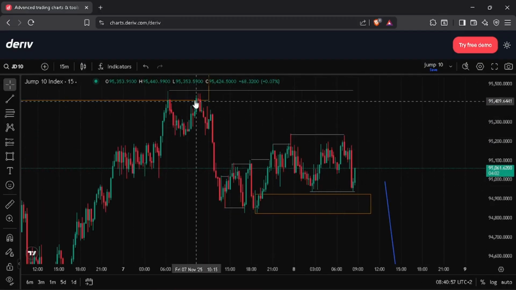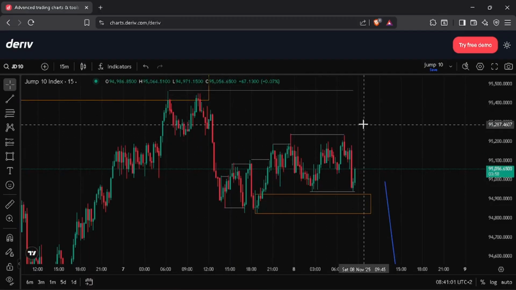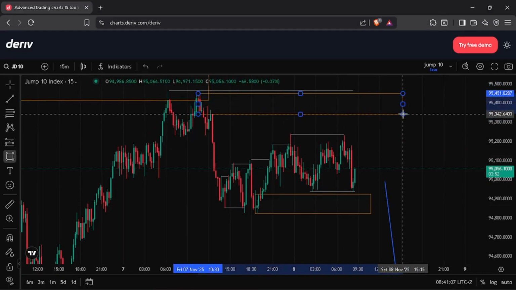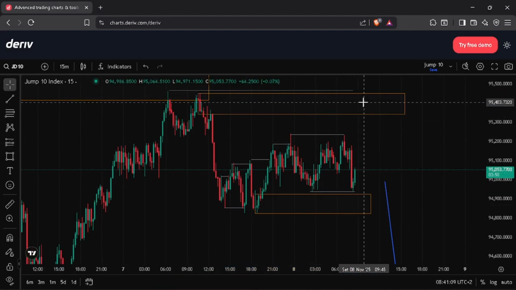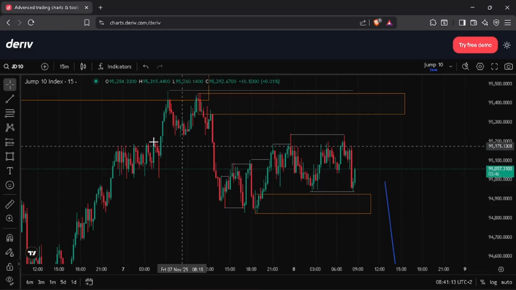But we're not gonna put our TP all the way up there, because sometimes the market can just respect this zone here as our supply, and then it goes all the way down.